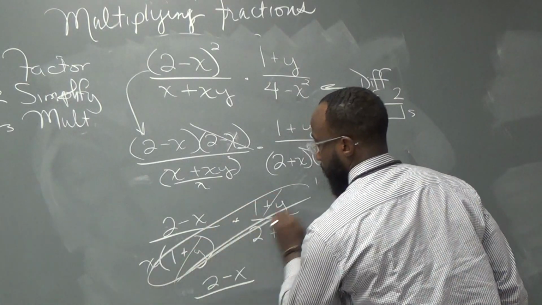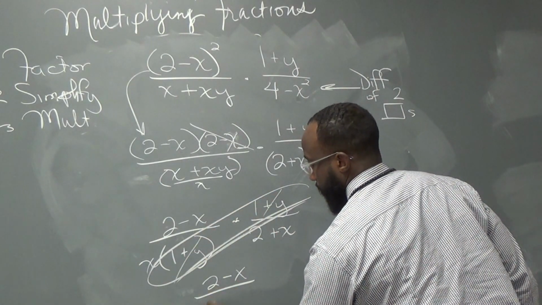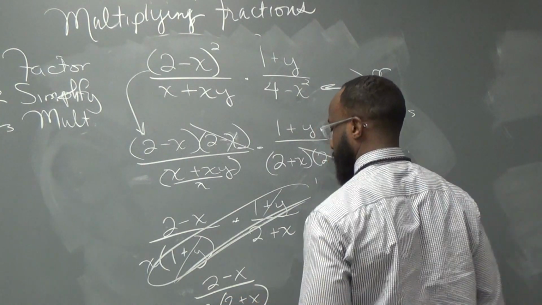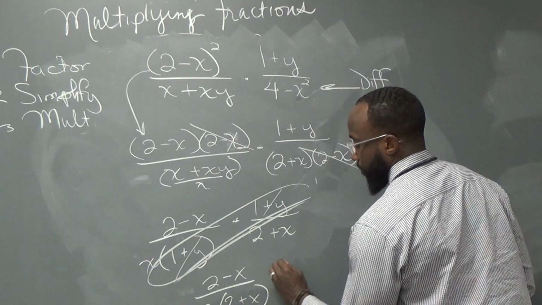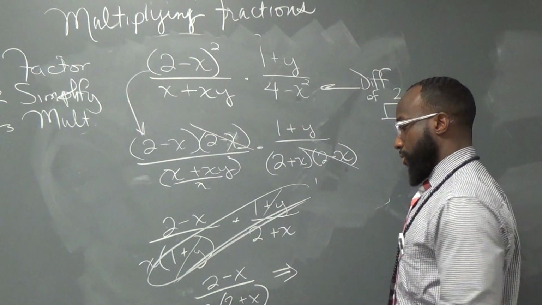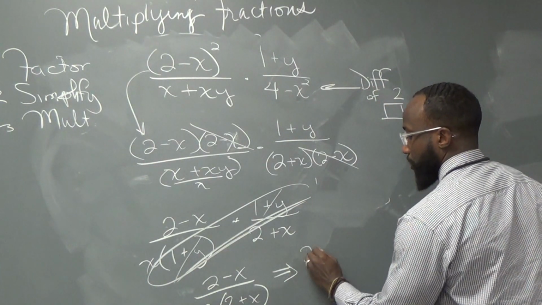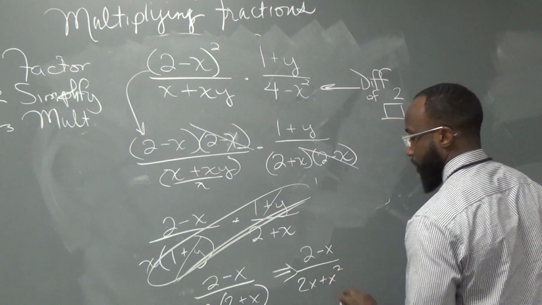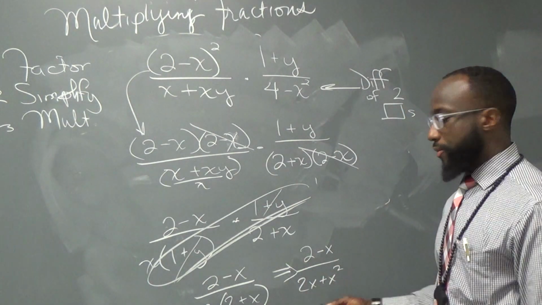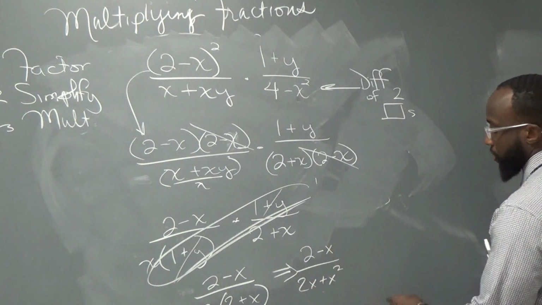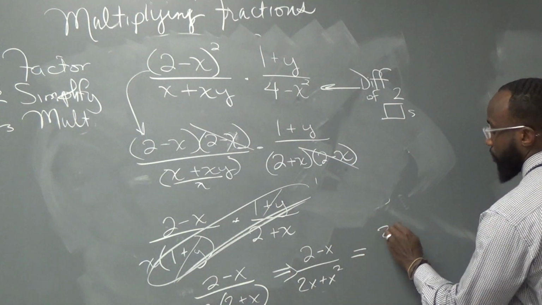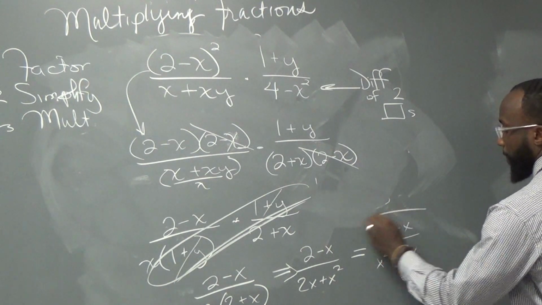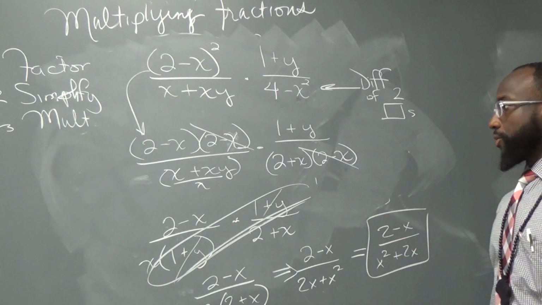This becomes 1 here. 2 minus x all over x times 2 plus x. Okay? So our final solution will be, let's multiply this through. We'll have 2 minus x all over 2x plus x squared. And typically when we write this, the x squared has to be first. So it's going to be 2 minus x over x squared plus 2x. And that is our solution here.